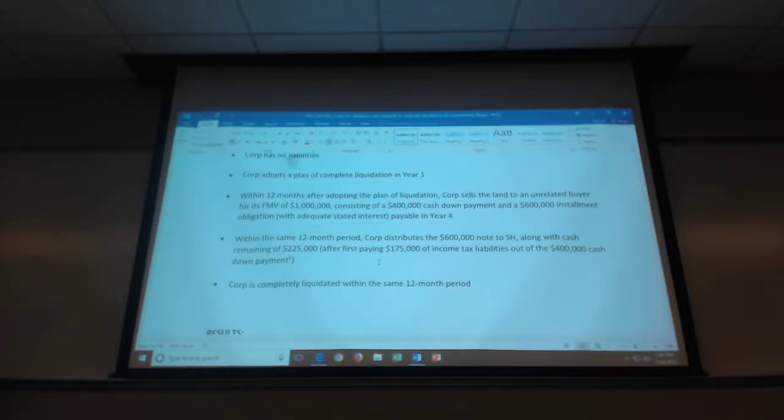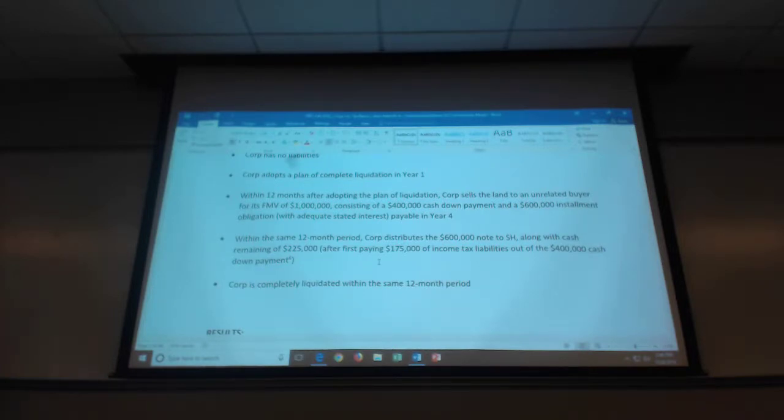inherent in that note. Or put another way, if the corporation were not liquidating, ordinarily it wouldn't have to recognize any gain on the $600,000 note until it collected the principal payments on that note.